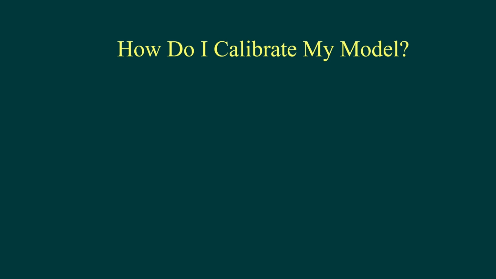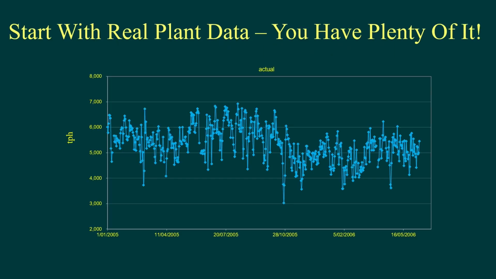So I've got a basic equation, at least to begin with. How do I see whether it works? How do I calibrate it? Well, you start with real plant data. You have plenty of it. This part of the geometallurgical modelling, for me, I have to confess, is the most enjoyable.